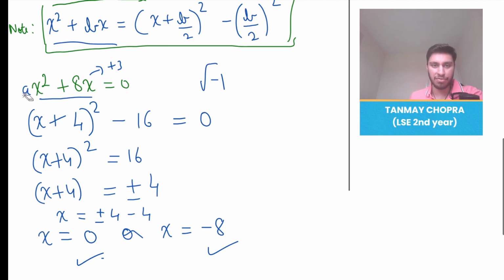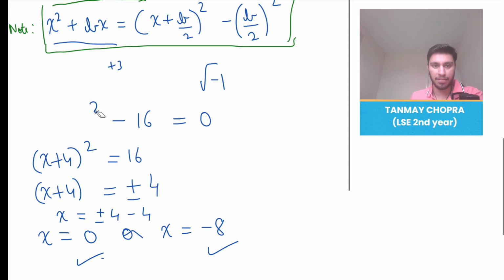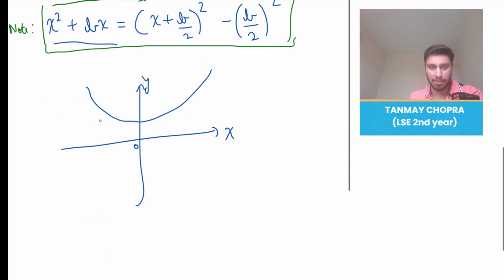I can make a graph and I can explain to you very quickly. I've drawn a quadratic here. This is not perfectly drawn, but it's what a general quadratic looks like. And this has some equation. I don't know what it is. I'm going to say ax squared plus bx plus c. And I want to see where this quadratic attains a value of 0.